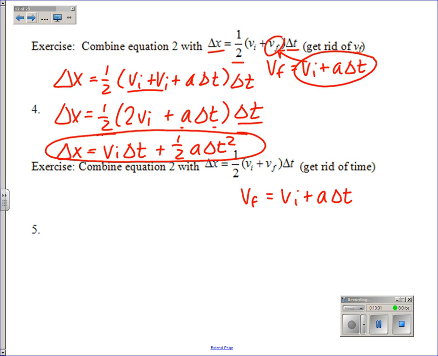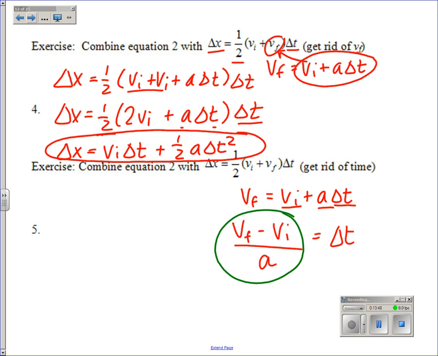Now, in order to do that, the first thing I have to do is solve for time, which means I'm going to subtract vi from both sides and then divide by acceleration to solve for delta t. And then again, I'm going to make a substitution. I'm going to take vf minus vi over a, and I'm going to put it in for delta t.